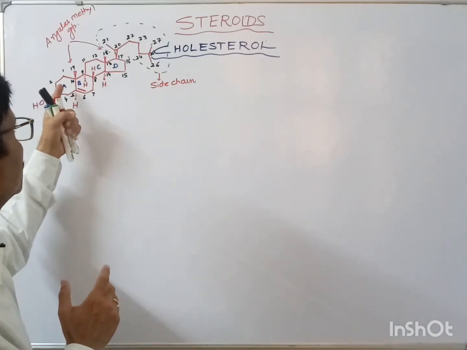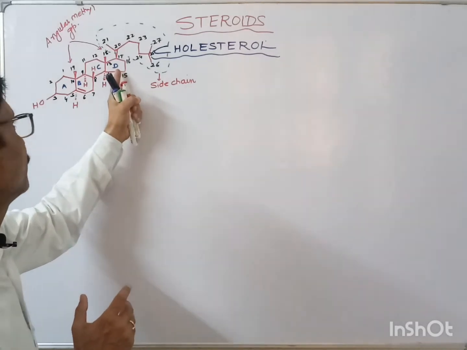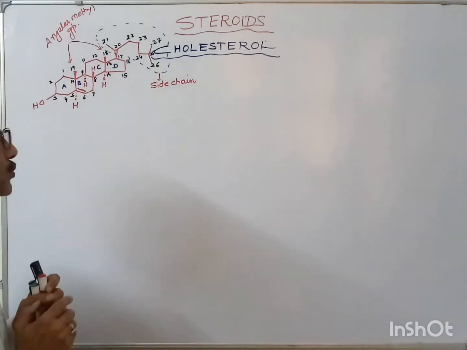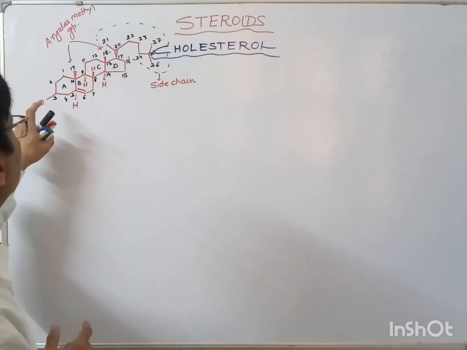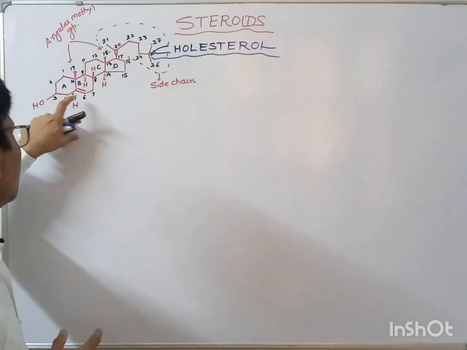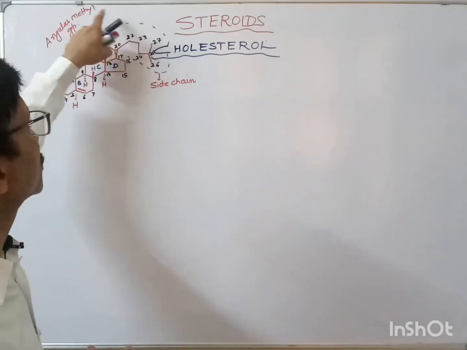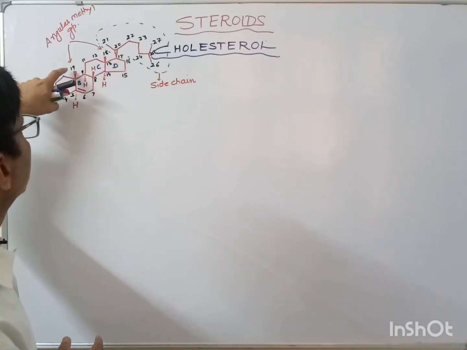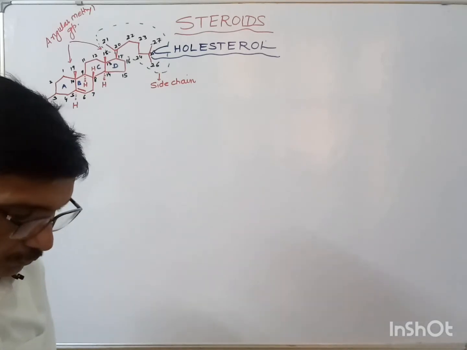Out of 4, 3 are 6-membered, one is 5-membered. Then it contains one secondary OH group and one double bond. And further we will prove the position of this double bond, the position of this OH group, and the nature and position of this side chain, and at the last we will prove the position of these two angular methyl groups, that is at 18th and 19th.